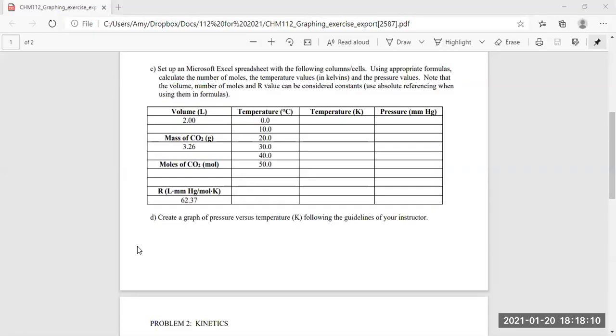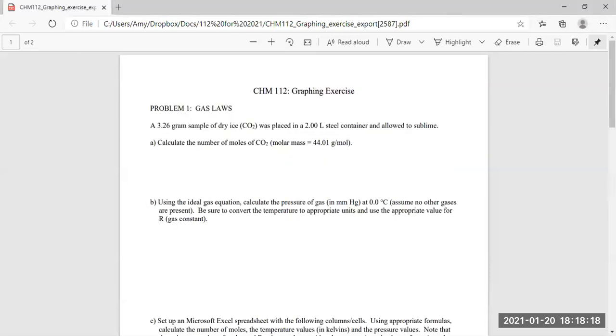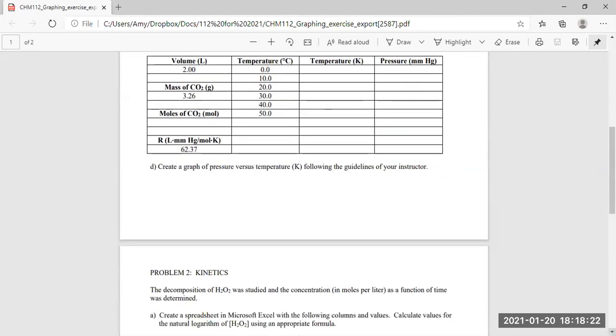All right, let me go back to our assignment page. So here was your data. You're given V. You calculated moles, which was from a division up here at the top of the page. You put all of that into PV equals nRT. Make sure you use that value for R, 62.37.